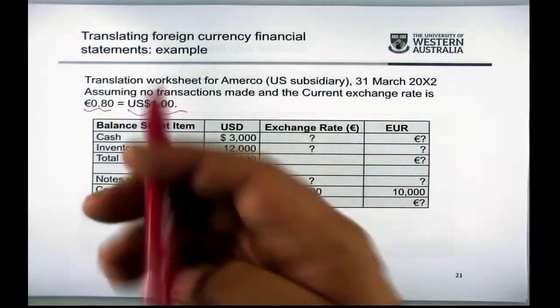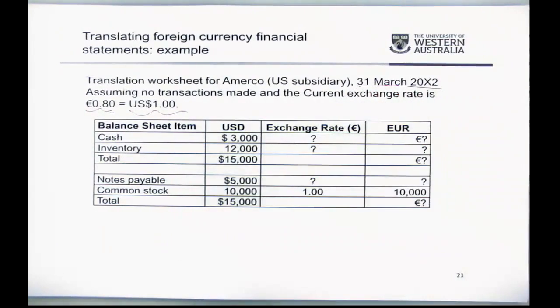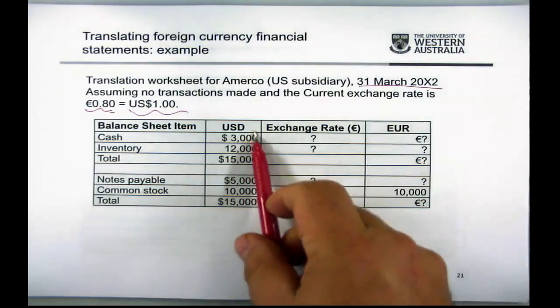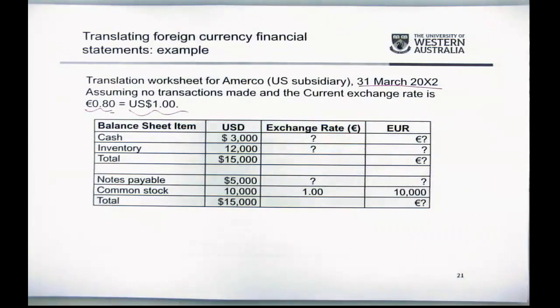Now, according to the new exchange rate at the end of the first quarter, we want to see how the parent firm will translate these accounts into euro using the two methods, the current rate method and the temporal method.